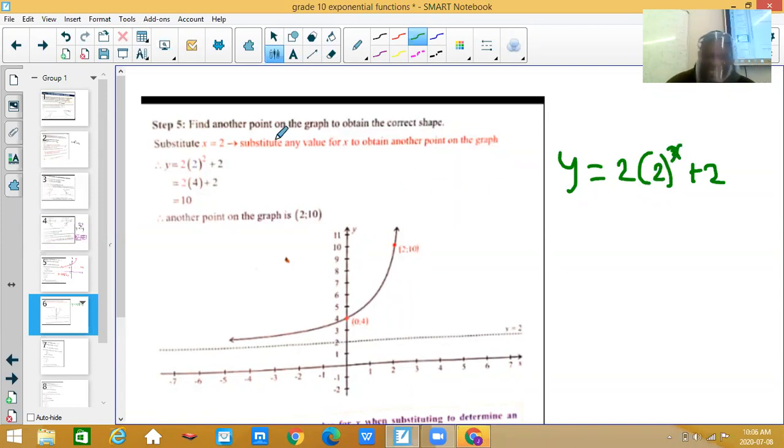When you are analyzing, they took x to be equal to 2, but it's not always that you must take that. You can use any value to substitute. So they used the 2. 2 to the power 2, what does that give us? 2 to the power 2 is 4, times 2 is 8, plus 2 is 10. So they are saying the next point will be (2, 10). This is the point they used.